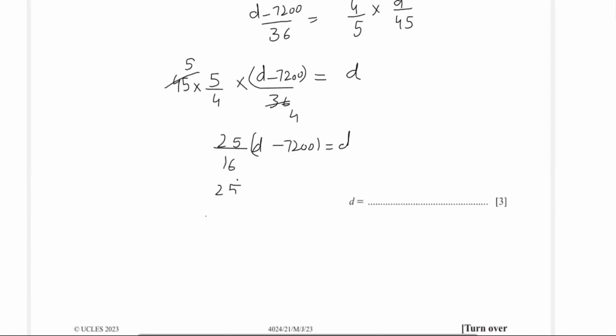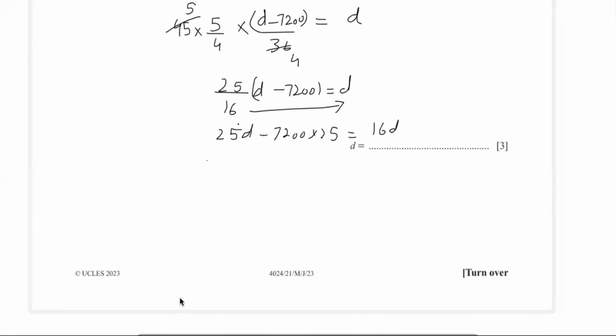Now we write it 25d minus 7,200 multiplied by 25. That's equal to 16d. Now we can write it as 25d minus 16d equal to 7,200 multiplied by 25. We write it as 9d will be equal to 7,200 multiplied by 25.